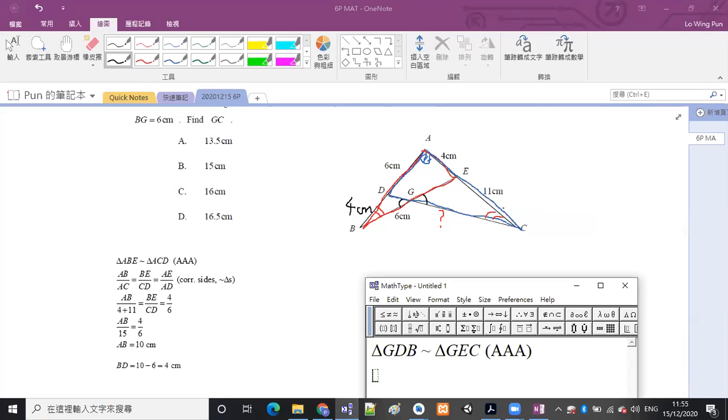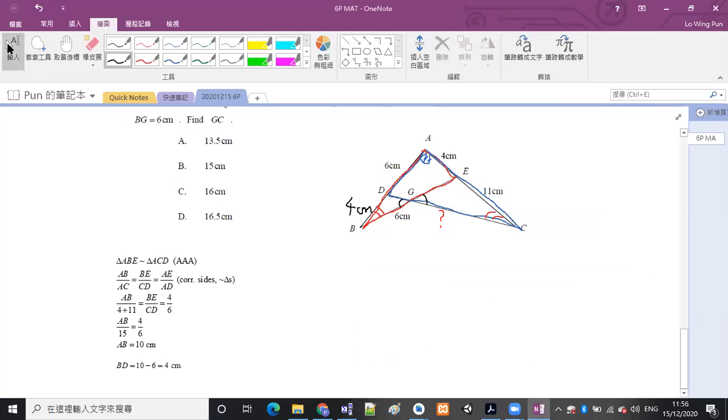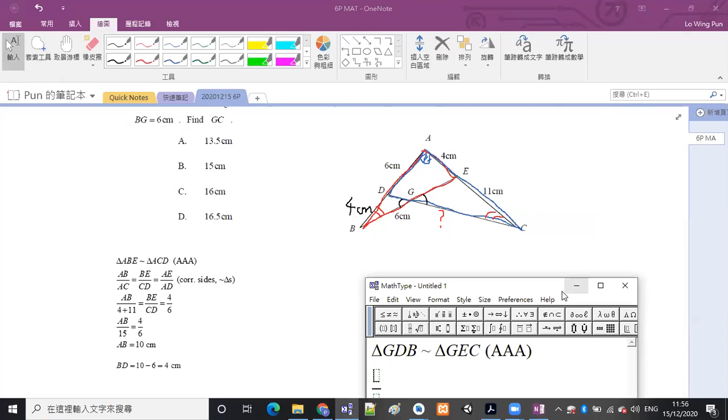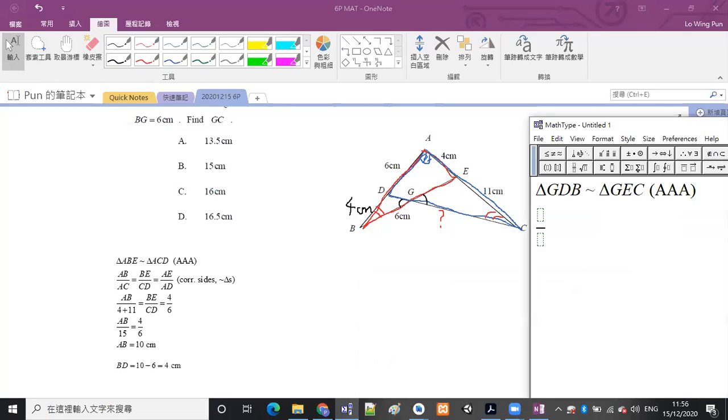And then again, we can write down the corresponding ratio of the corresponding sides of these two triangles. Okay, so GD corresponds to GE, second pair, DB corresponds to EC, and then third pair, GB and GC.